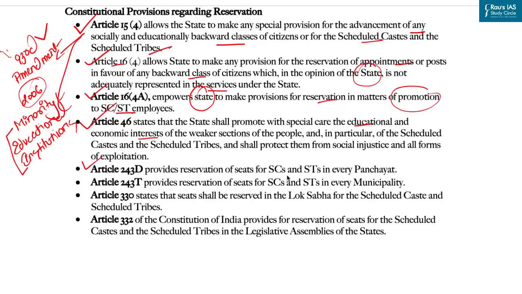This provides reservation of seats for SCs and STs in every panchayat. Next is 243T, reservation in every municipality. Then Article 330, according to which seats shall be reserved in the Lok Sabha for the SCs and STs. And next is Article 332, which provides reservation of seats for the SCs and STs in the legislative assemblies of the state.